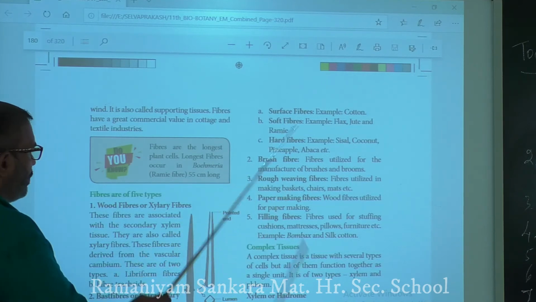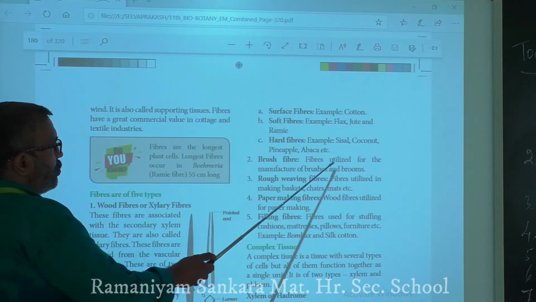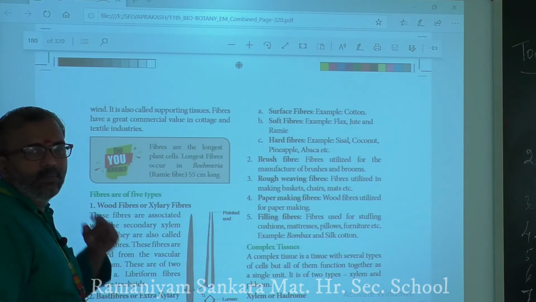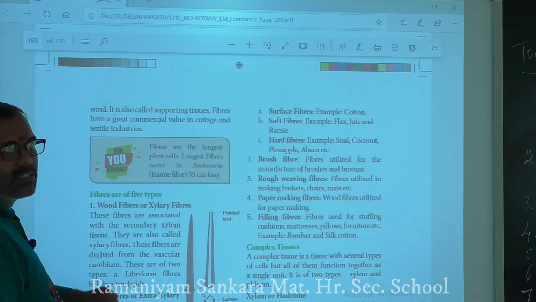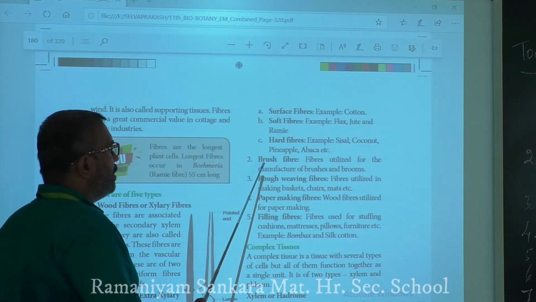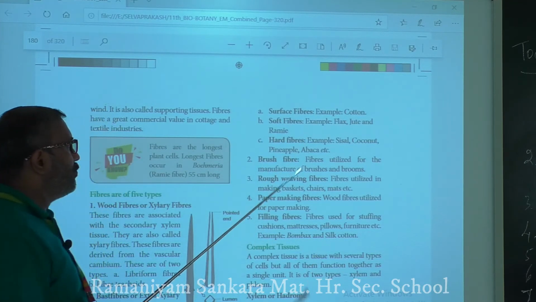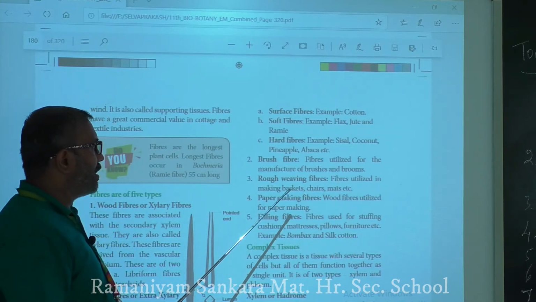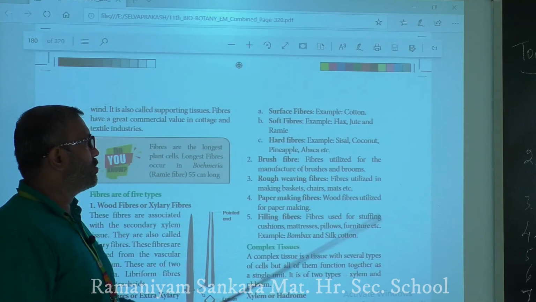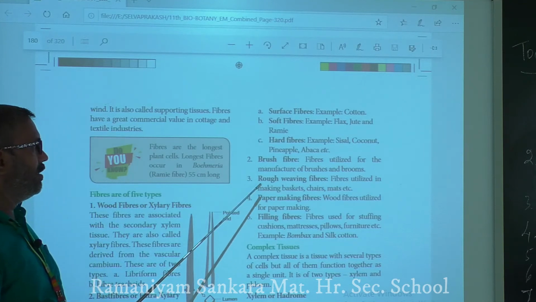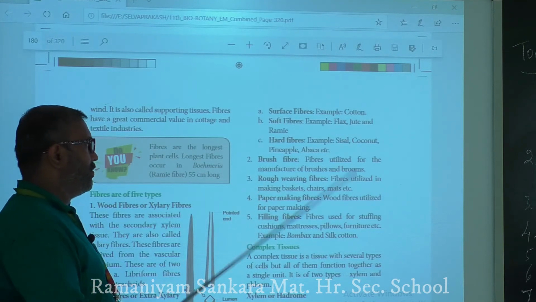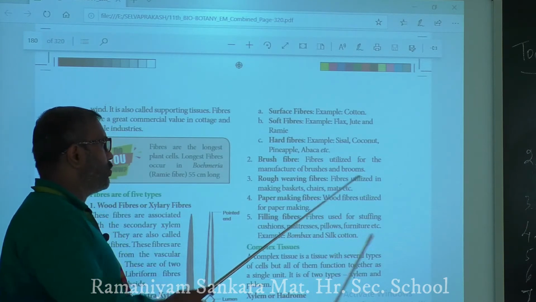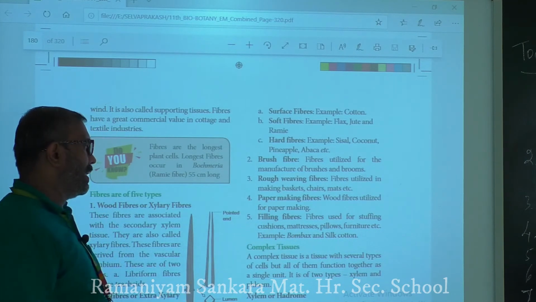Next one, brush fibers: fibers utilized for the manufacture of brushes and brooms. Toothbrush or washing brush also uses this type of fibers. Rough weaving fibers: fibers utilized in making baskets, chairs, mats etc. Next one, paper making fibers: wood fibers utilized for paper making.